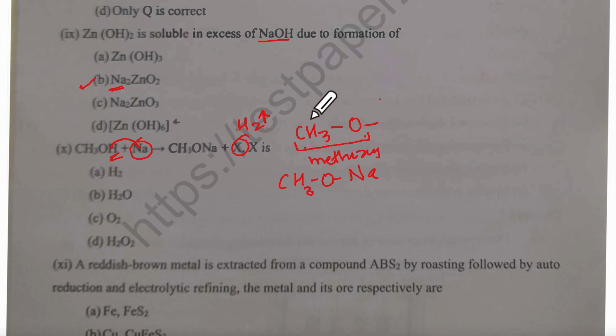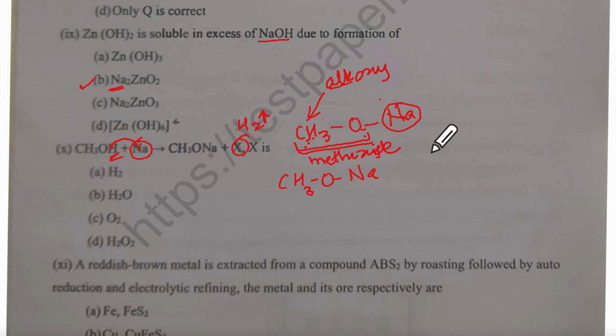Sodium methoxy. And if I have to take the general name, then it becomes alkoxy group. Alk is for the alkane. So if it was C2H5-O, it becomes ethoxy group. If it is sodium here, it becomes sodium methoxide.